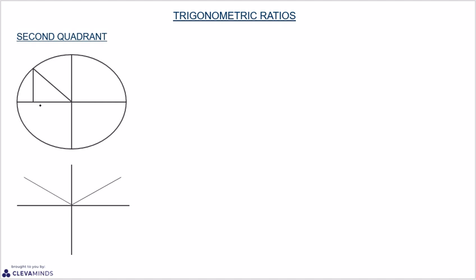So in the second quadrant, we have two figures now. Here's figure 1 and here's figure 2. So this is the center O. Then this is P2, that's a point on the circumference.